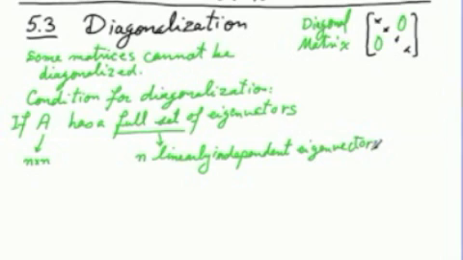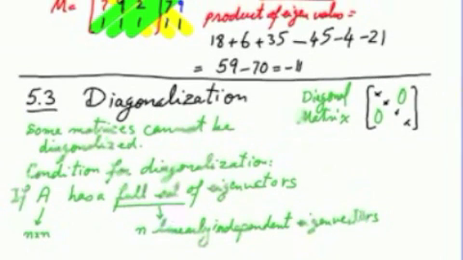The problem is it's very hard to tell from the outset if a matrix has those eigenvectors or not. You really have to go and get your hands dirty, do all the work, and figure out if it has them or it doesn't. If it does have all the eigenvectors, then you're all set.